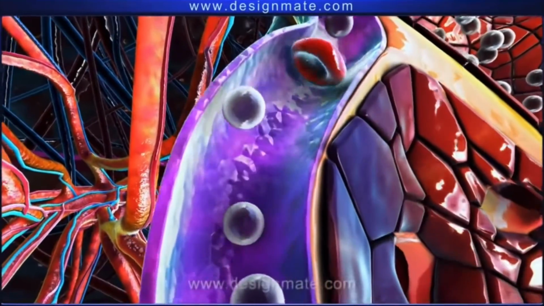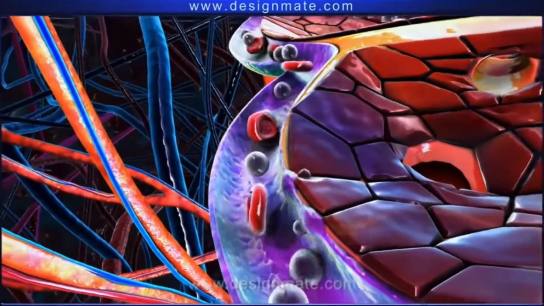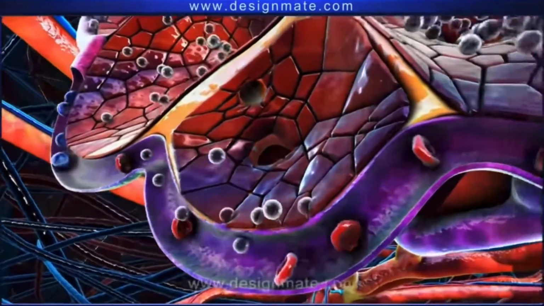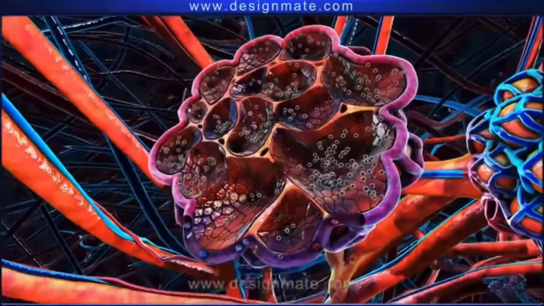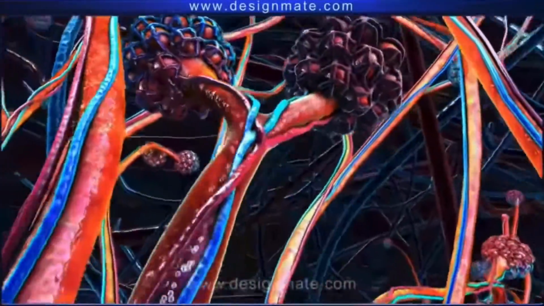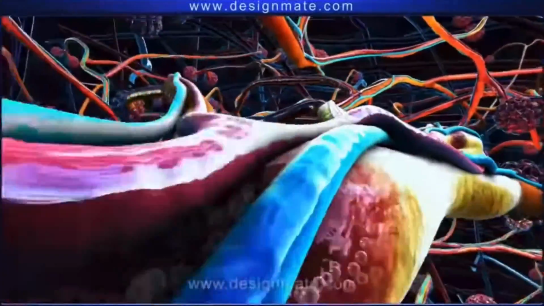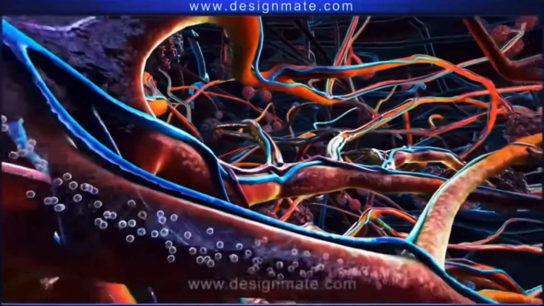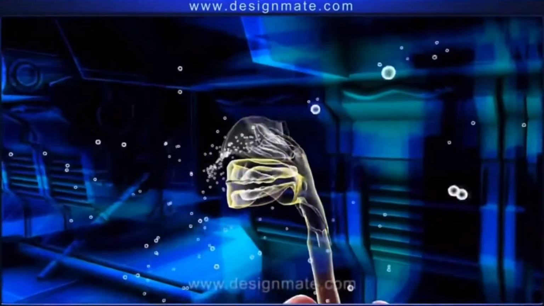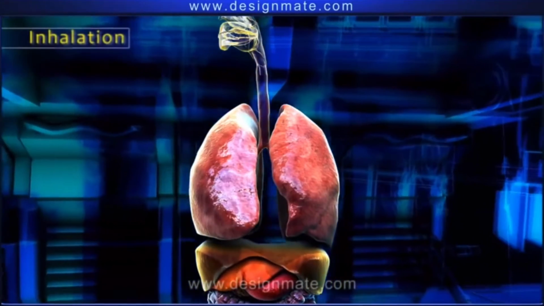The blood moving into the alveolus contains RBCs and carbon dioxide molecules. These molecules are released into the alveolus. The carbon dioxide collects in the alveolar chamber. And then from the alveolus, it travels through the bronchioles into the bronchus, which finally reaches the trachea and is breathed out through the nostrils. So the process of breathing in air rich in oxygen is called inhalation.